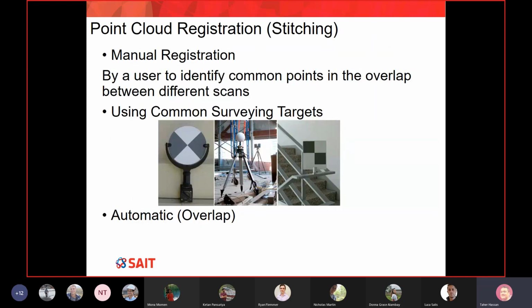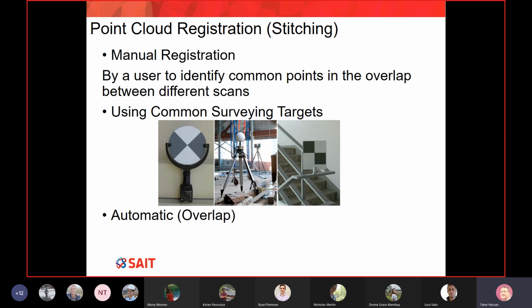If you remember in the video, they were talking about, okay, what if my site is big? Or what if my site has so many objects where some areas would be occluded? What can we do in this case? Probably you figured it out. It looks like one location of my laser scanner would not be sufficient.